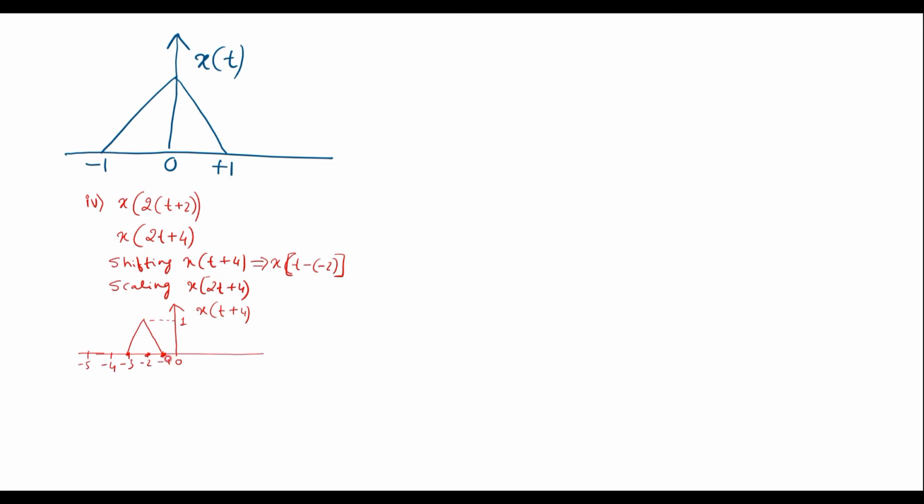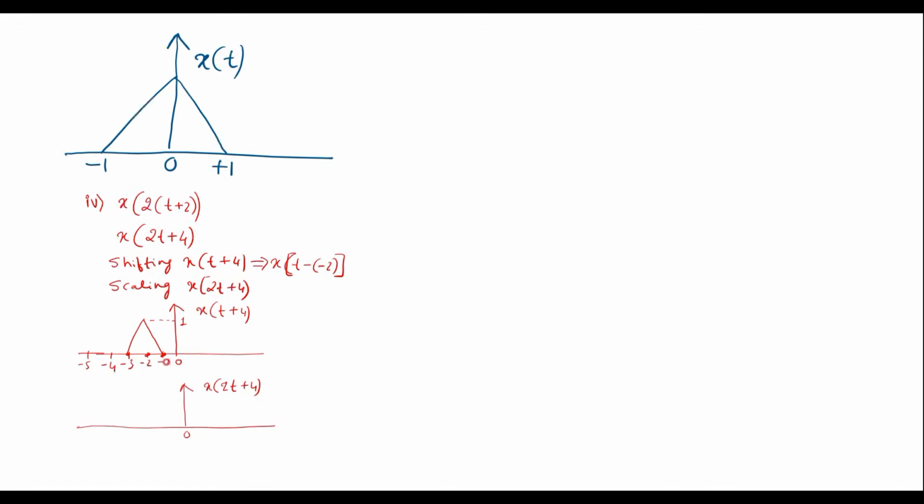Now we are supposed to perform scaling operation on this signal. So x of 2t plus 4 is obtained by compressing this signal by scaling factor, that is 2. So now the scaling operation, that is x of 2t plus 4, scaling factor here is 2.